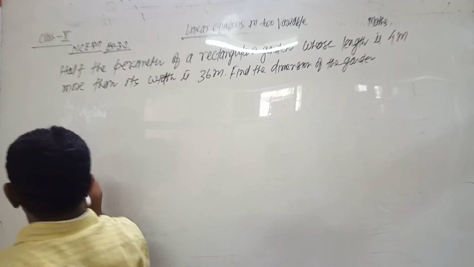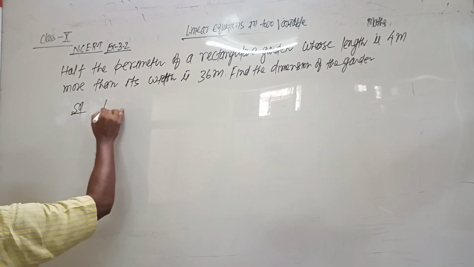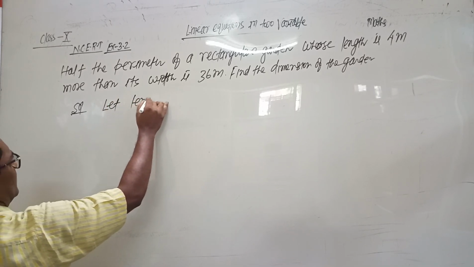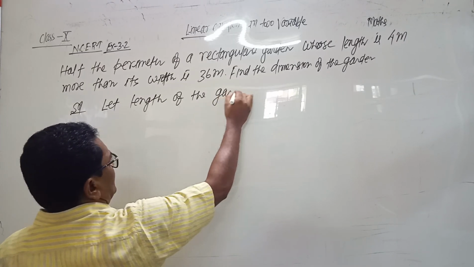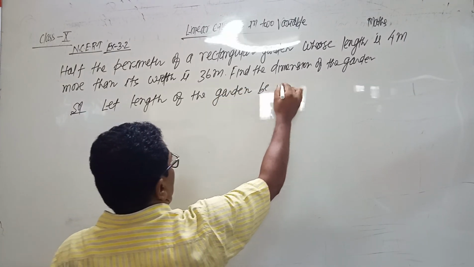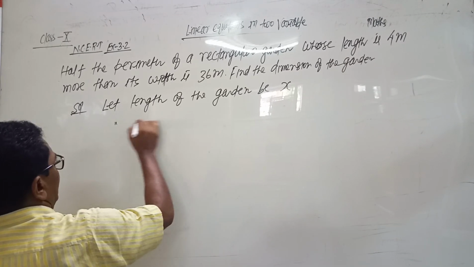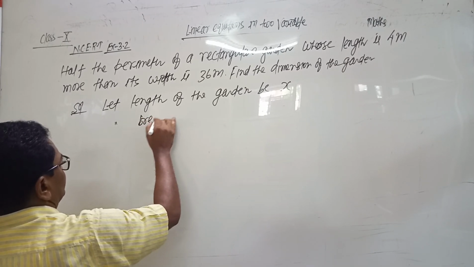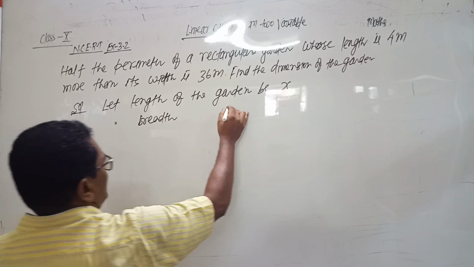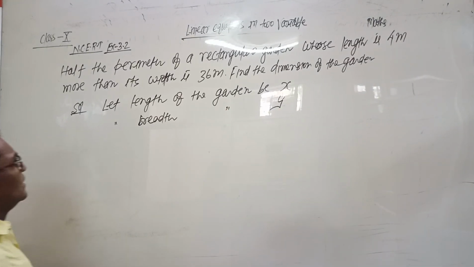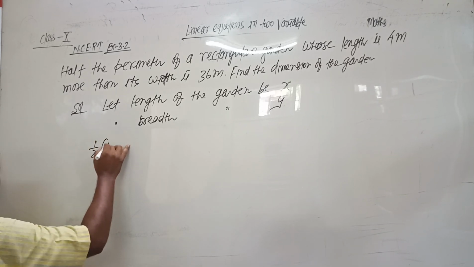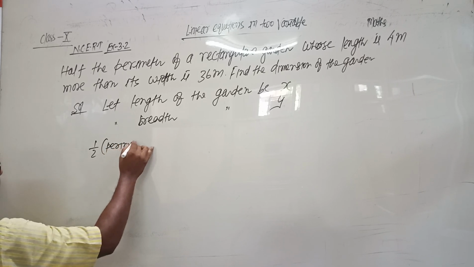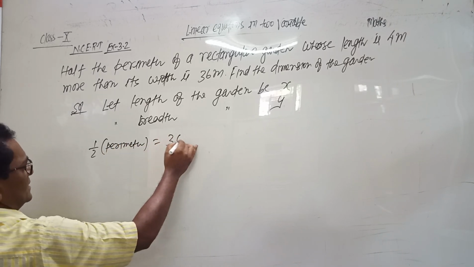So we will suppose, let the length of the garden be x and let the breadth of the garden be y. So half the perimeter is 36 meters.